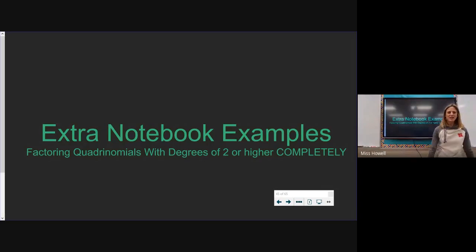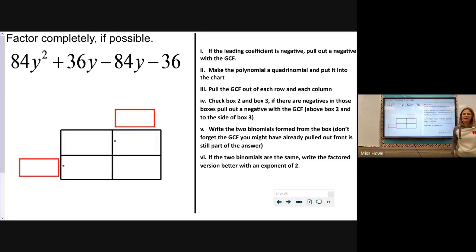All right, so extra example number 1. We want to factor our quadrinomial here, 84y squared plus 36y minus 84y minus 36. Again, our first thing is to look for our greatest common factor. In this case, there is a GCF.